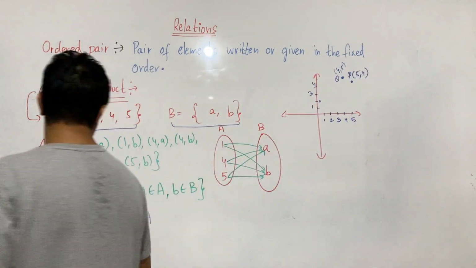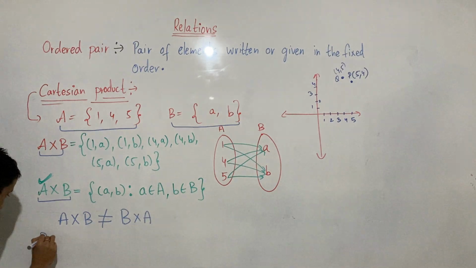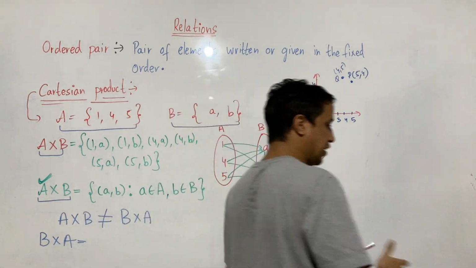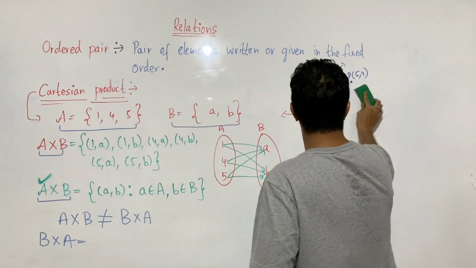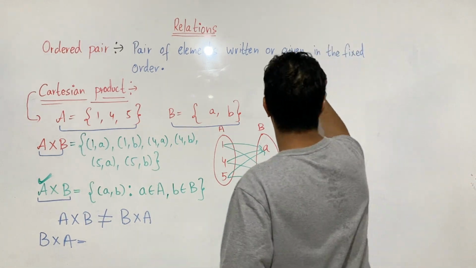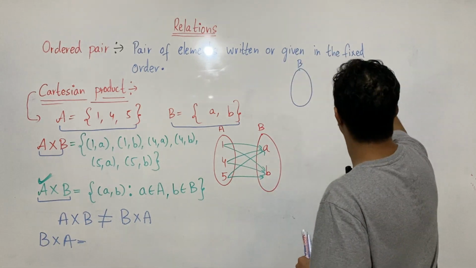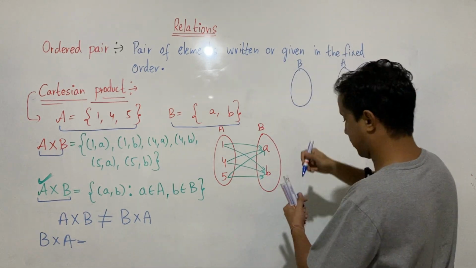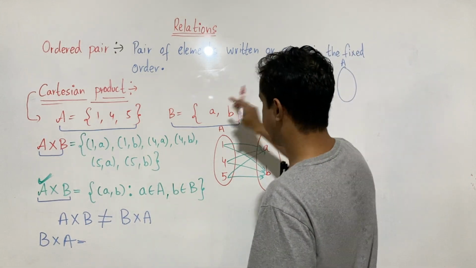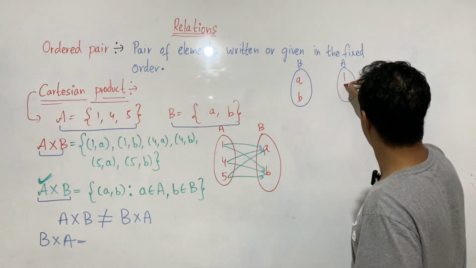Why? Because if you are going to find B Cartesian product A, what is it going to be? Let's see. This is set B and here I have set A. B contains A, B, and A has these three elements, 1, 4, 5.